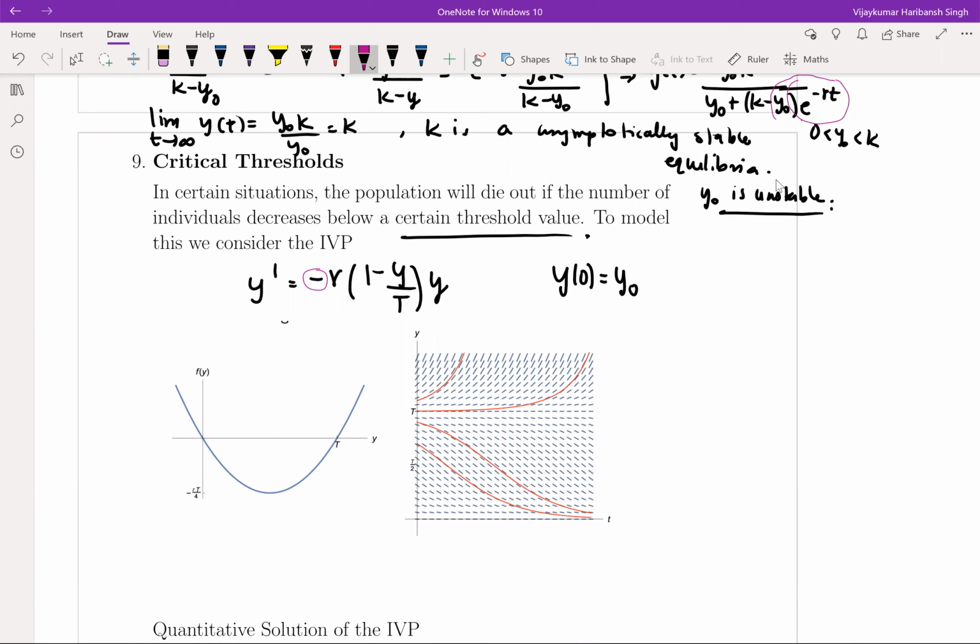If I draw the phase lines, f of y is negative here, so you will see this happening, and here f of y is positive, so you will have this happening. So this point T is an example of an unstable equilibrium.